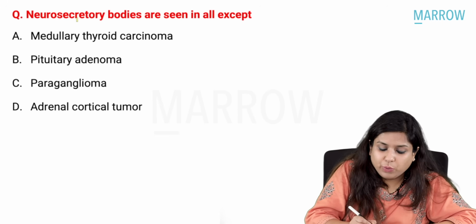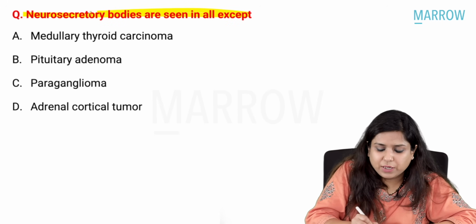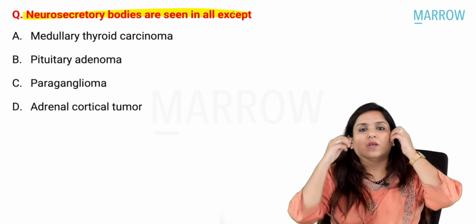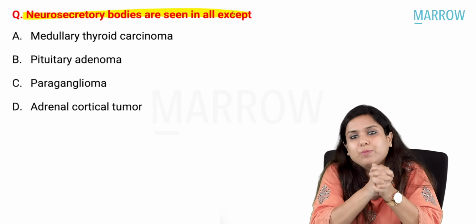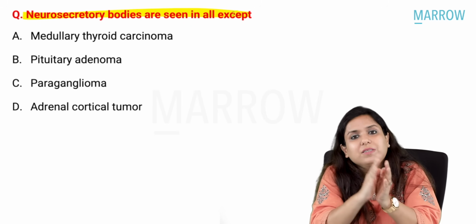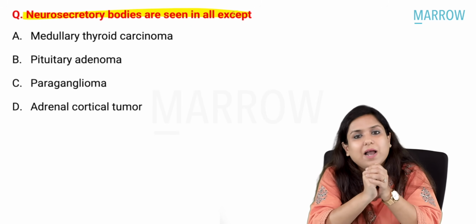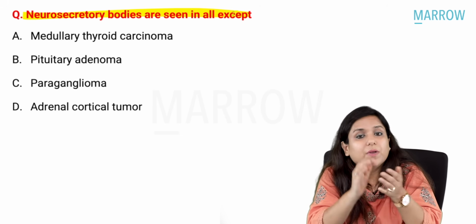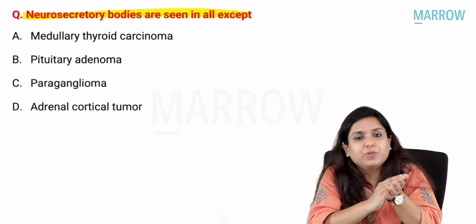Next. Neurosecretory bodies are seen in all except. Okay, so where do we see neurosecretory bodies, students? Wherever there is a neuroendocrine tumor, I will see neurosecretory bodies. What are the neuroendocrine tumors which we talk about?